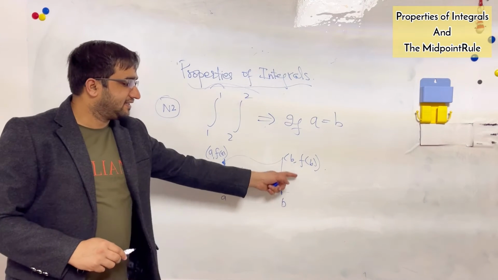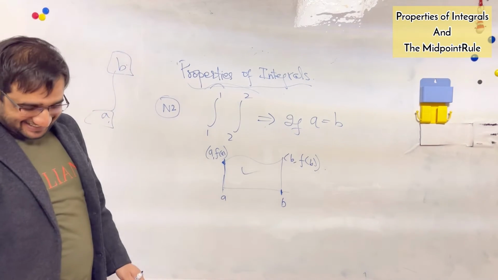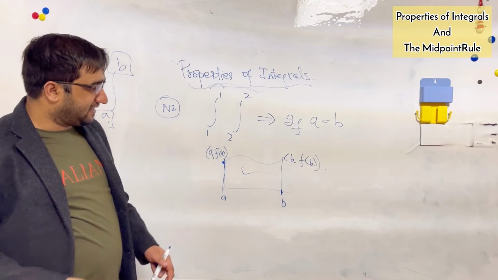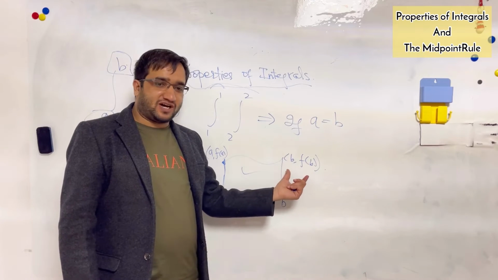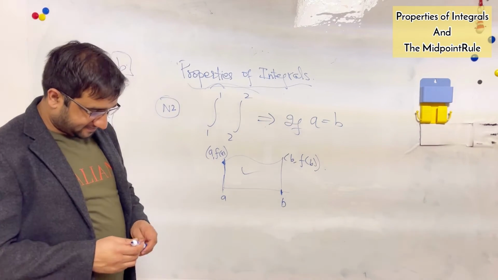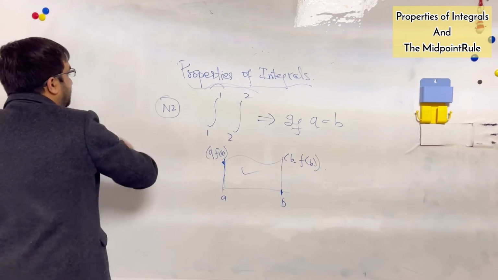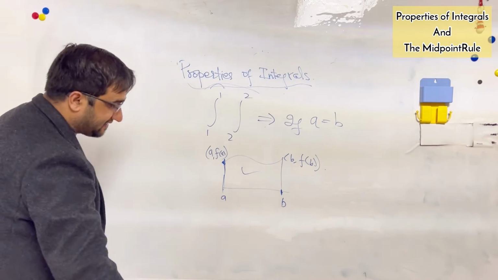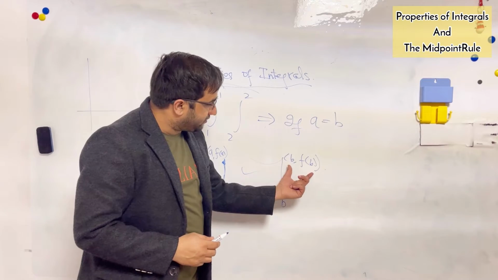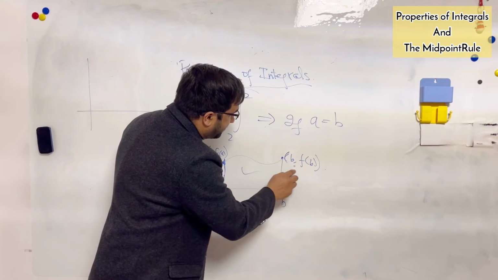Do you know this? What is this? Why have I written this? Do you know why, corresponding to b at this point, I have written this thing?